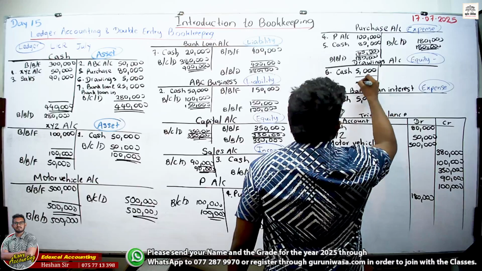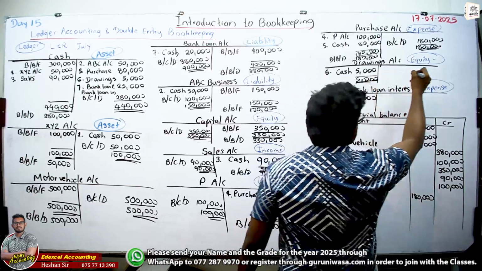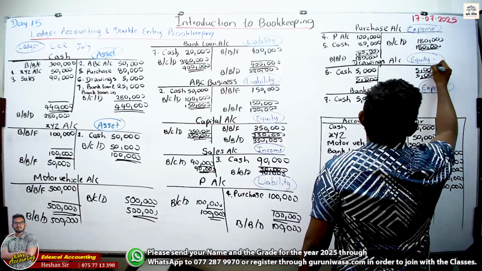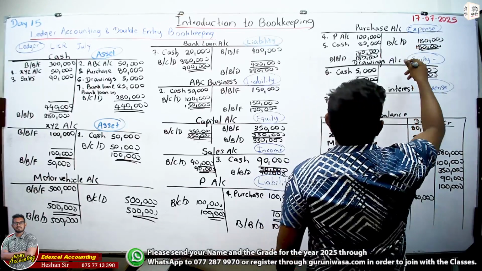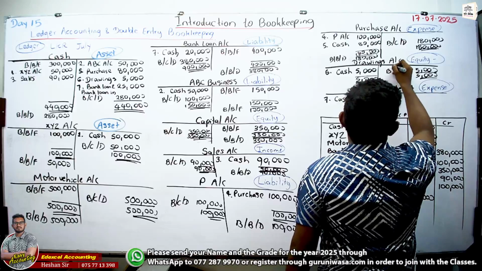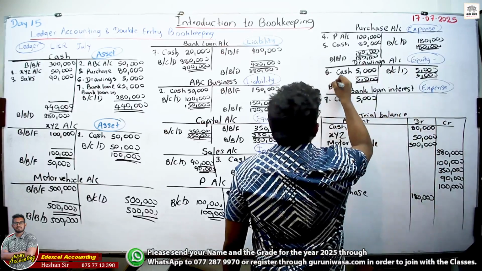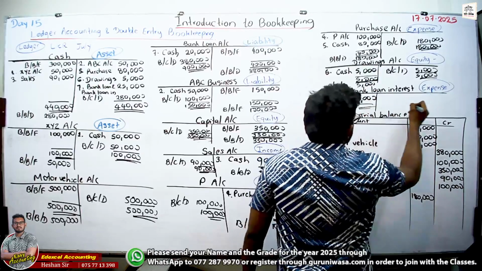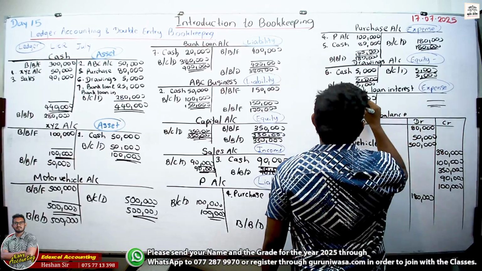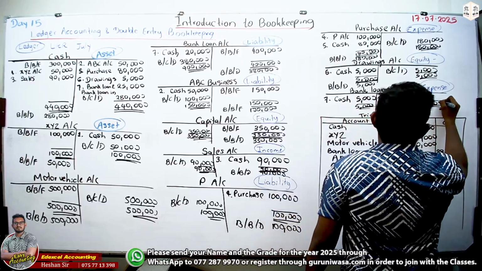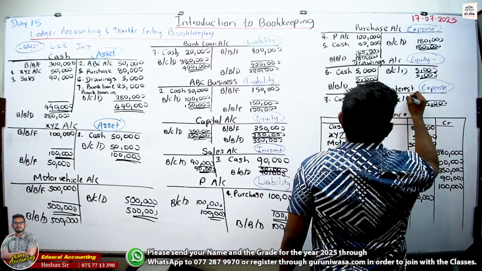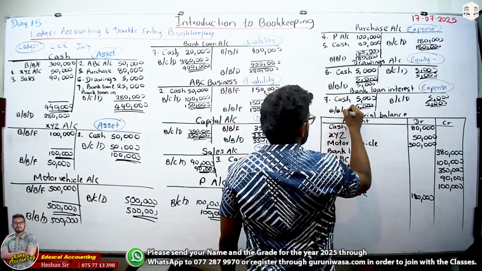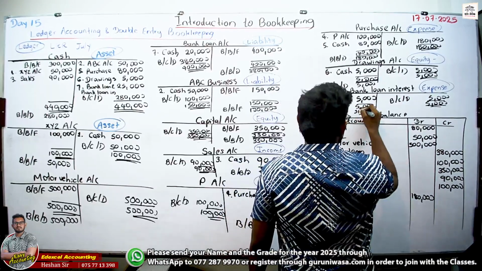When we check the drawings account, debit side 5,000, credit side also 5,000, minus 0. Credit side balance is 0, so 5,000 minus 0, 5,000. Balance carried down 5,000. Bank loan is a liability account, 5,000, balance carried down 5,000, right?